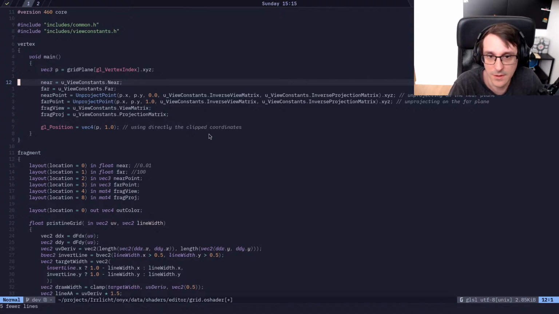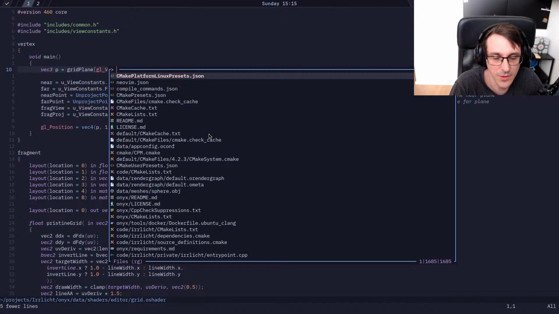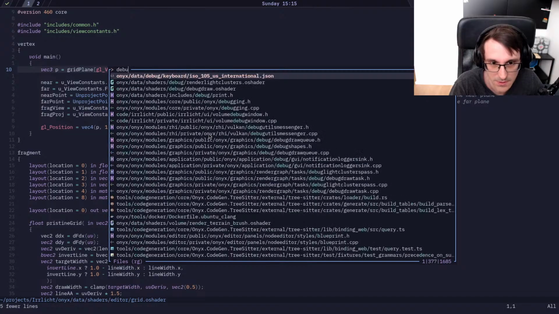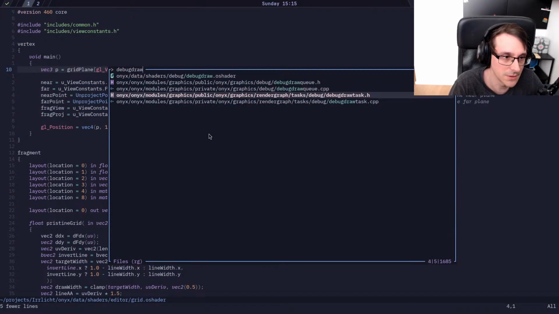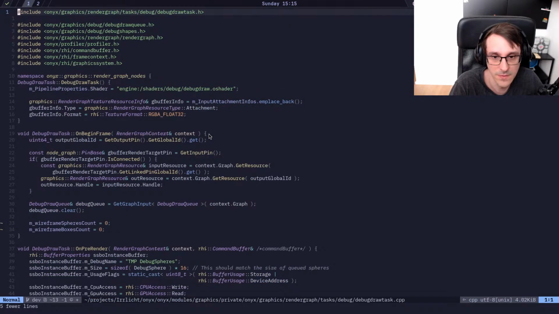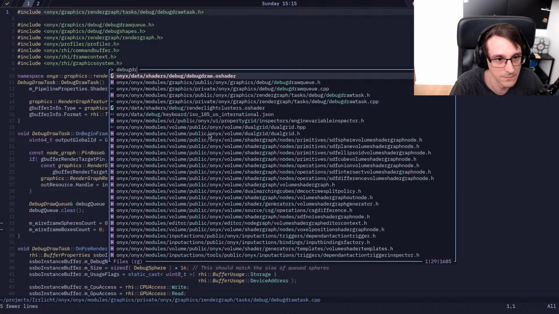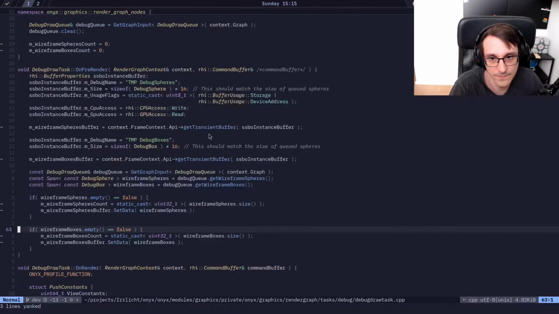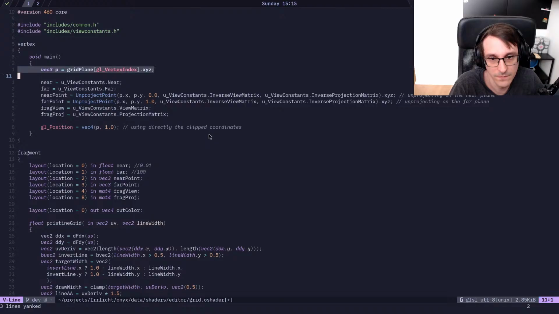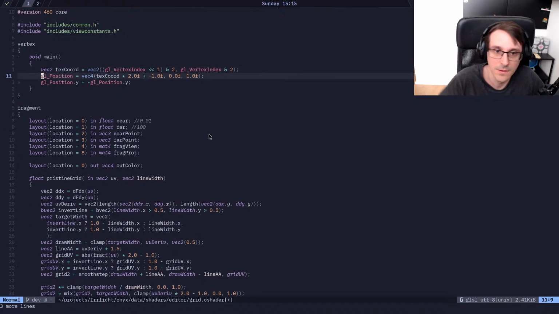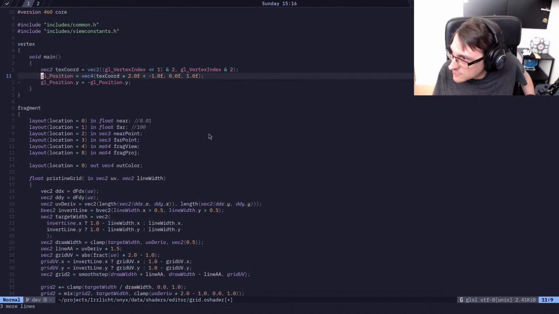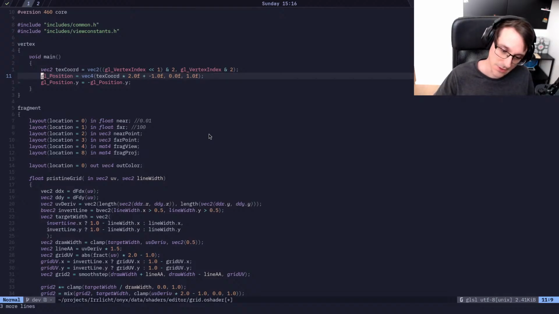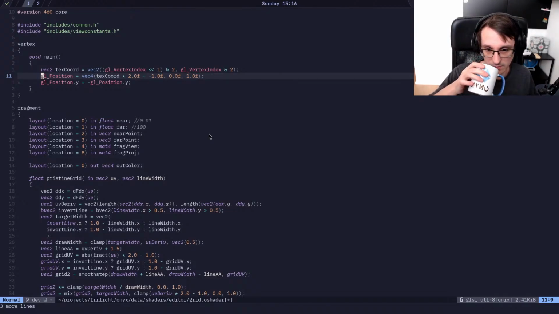The only thing I need is basically the same thing that we do in the debug draw shader, which is basically this. Because that gives us a full screen UV-based coordinate, and then we can use that to get the rest.